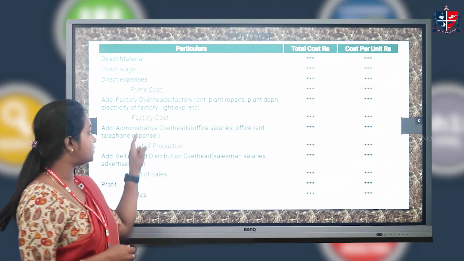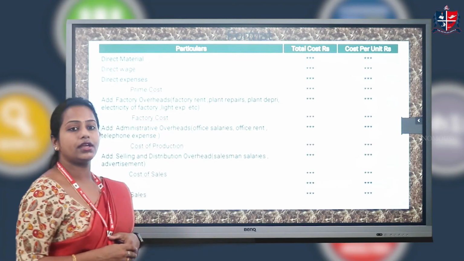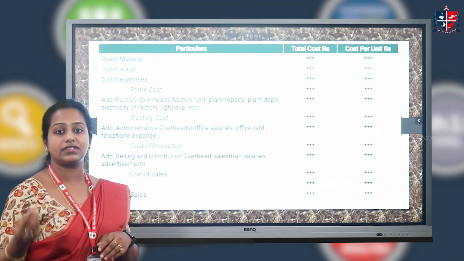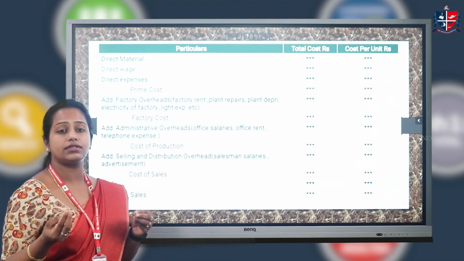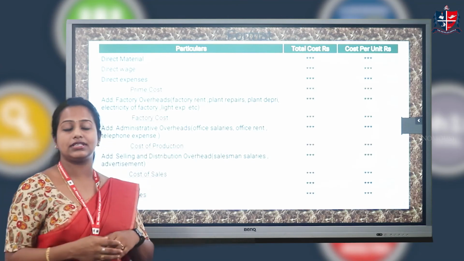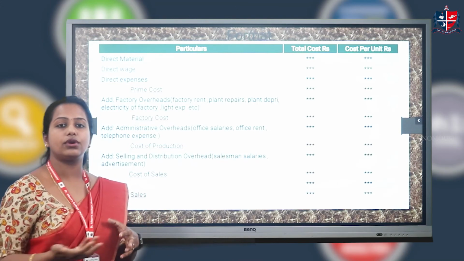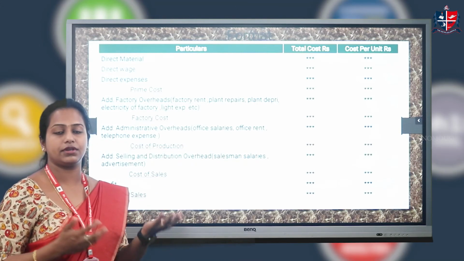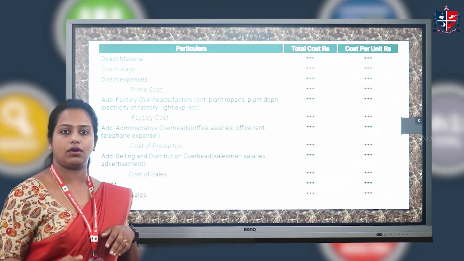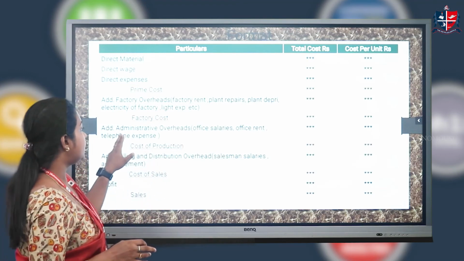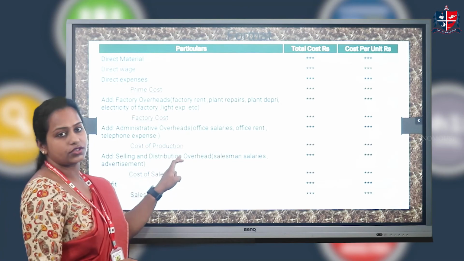Office salary, office rent, office electricity or light charges all come under this, even the telephone expenses, since we don't have telephone expense in the factory, because all the administration activities happen in the office. If you add these office overheads to the factory cost, you get the cost of production.